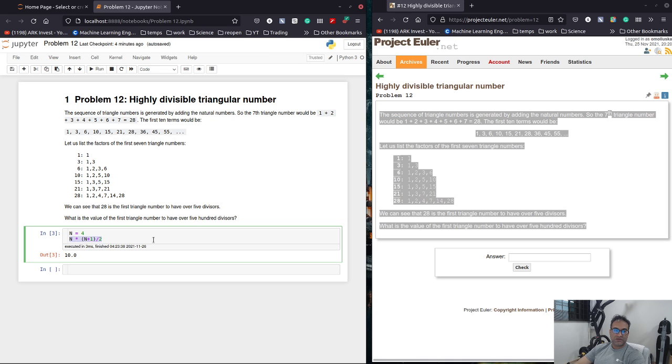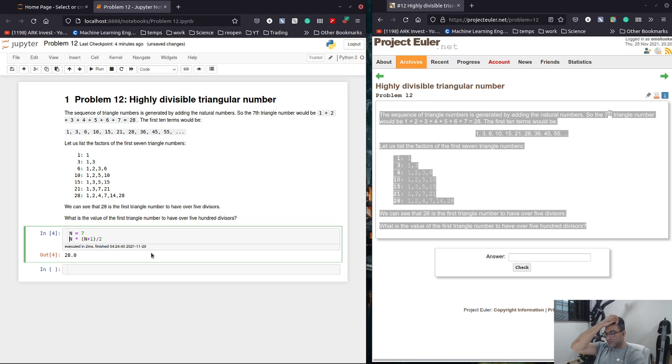So how do we find the factors of this? We already know that for the series from 1 to 7, if we put n equals 7, then we should get the number 28. We want to find the factors of n times n plus 1, divided by 2.